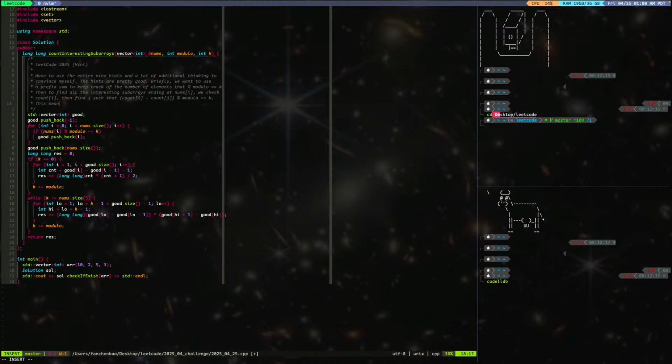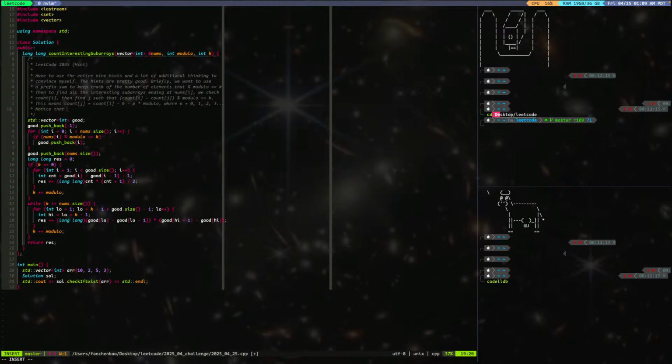This means count j shall equal to count I minus k minus p times modulo, where p equal to 0, 1, 2, 3.